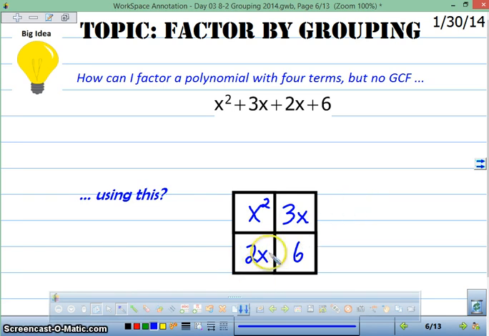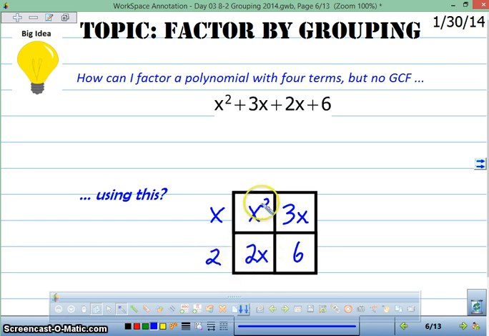Next, we're going to factor the greatest common factor of each row and of each column. And that will help us to give our factors. So the greatest common factor of x squared and 3x is x. The greatest common factor of 2x and 6 is 2.